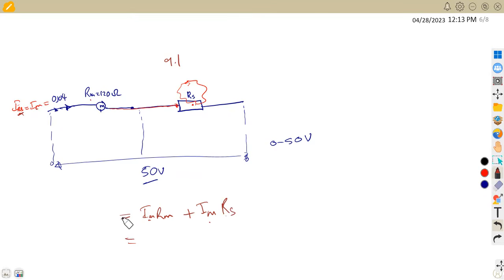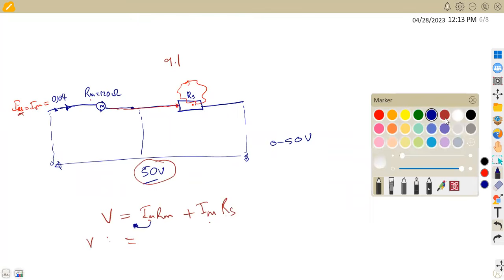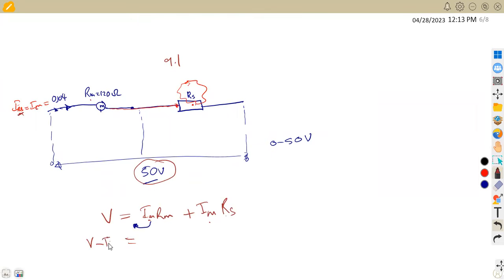The 50 that we have is the supply voltage, which is the total voltage, V. Since we want to calculate RS, we transpose this part to the left-hand side, so it becomes negative: V minus IM RM is equal to IM RS.